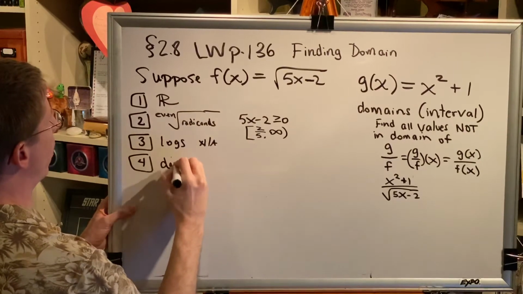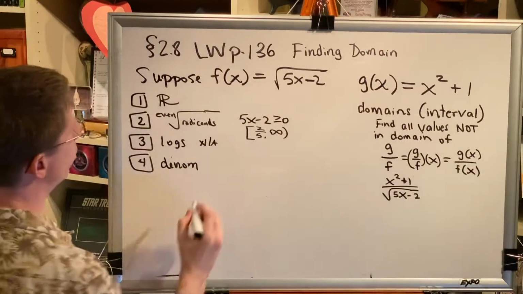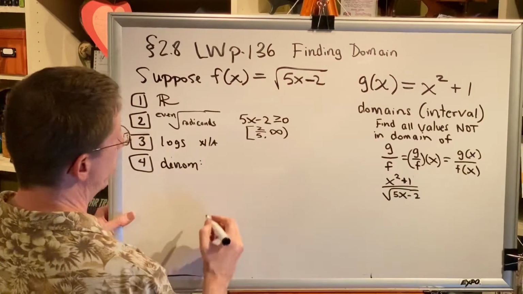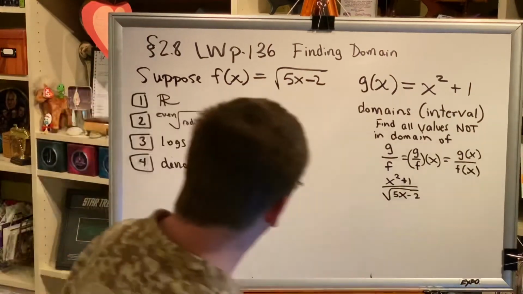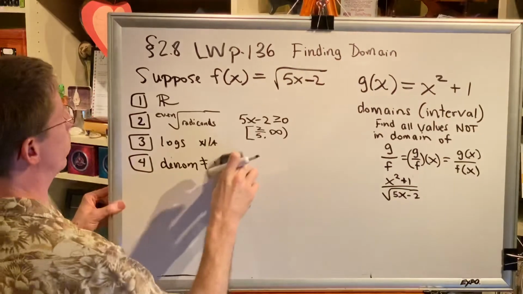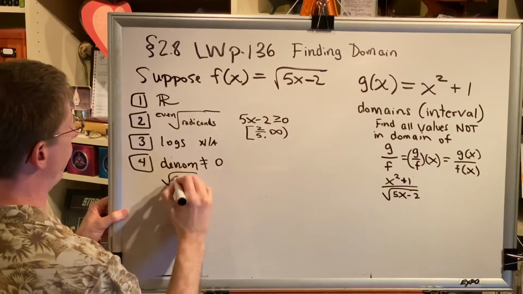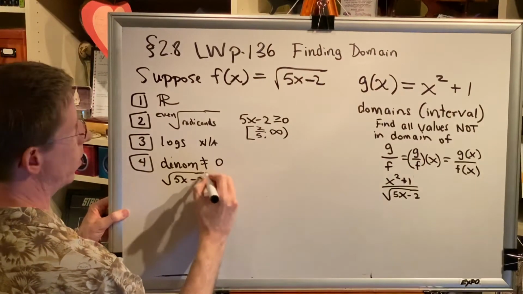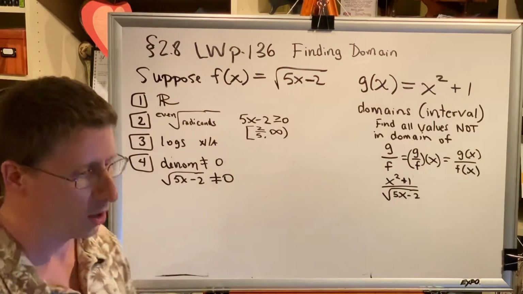Step 4, denominator. We do have a denominator here, and this is what makes this problem so interesting. The denominator is the square root of 5x subtract 2. So the square root of 5x subtract 2 is not allowed to be 0. So let's be thoughtful for a moment here.